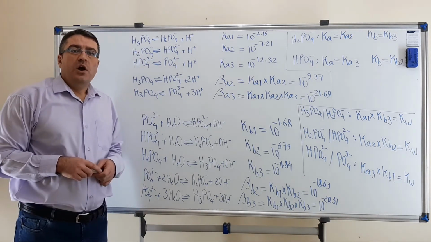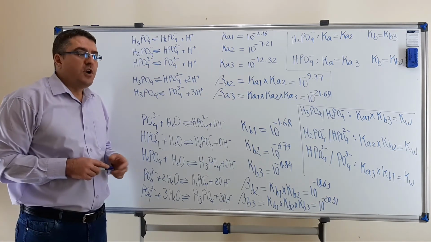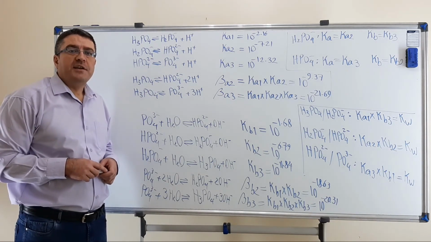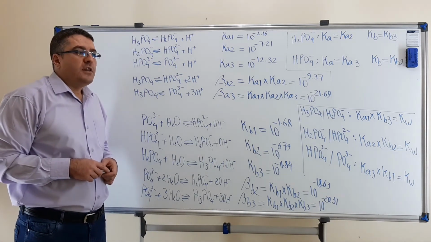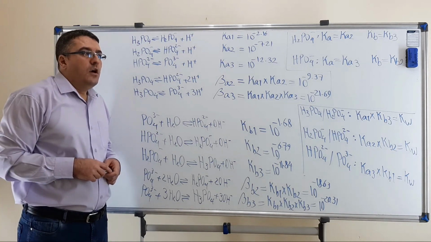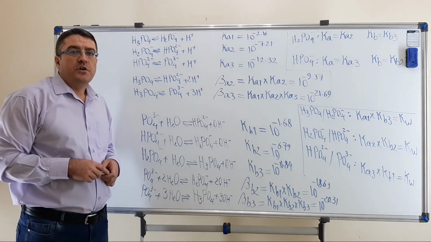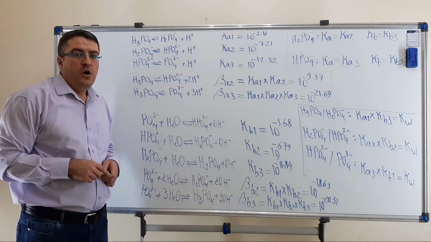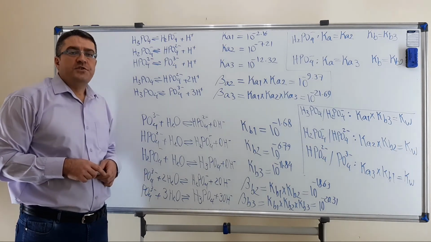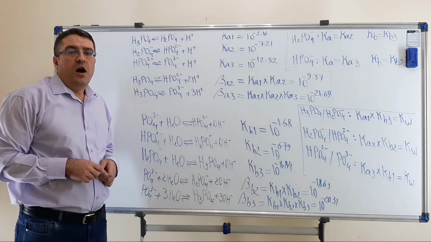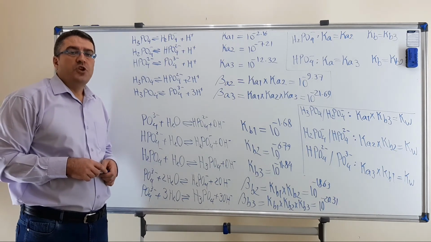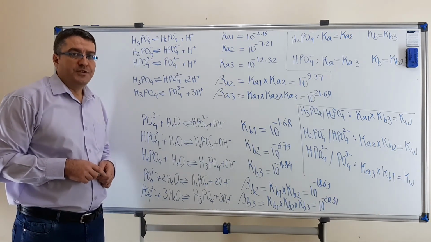For example, we can construct a specific organic molecule with a specific number of carboxy groups to have the desired number of ionizable hydrogens.